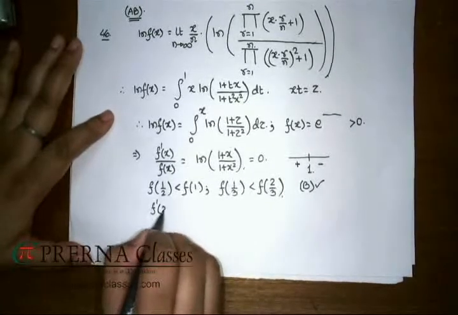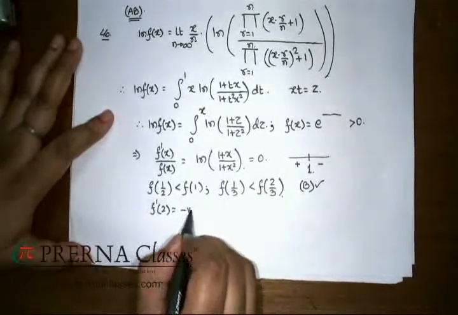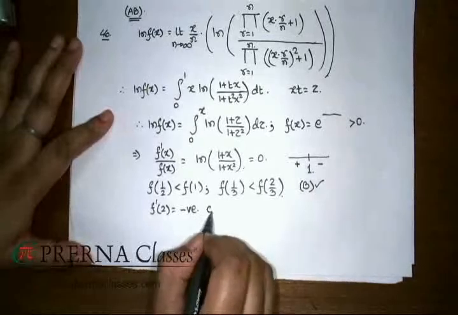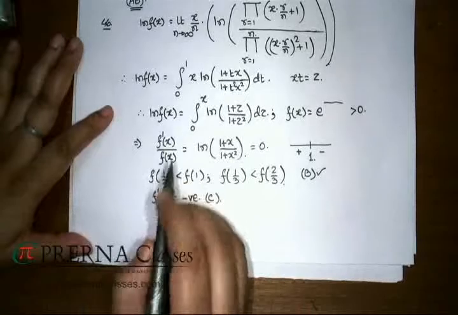As far as f dash 2 value is concerned, since this quantity is a fraction, I can safely say this is going to be a negative quantity, so option C is also correct.